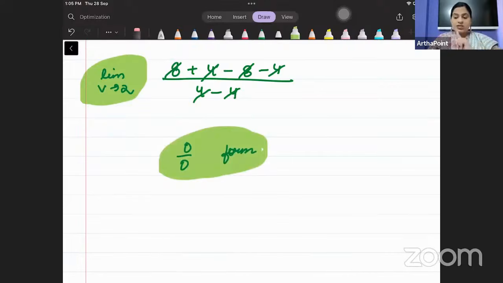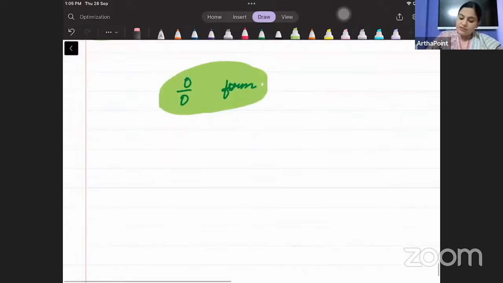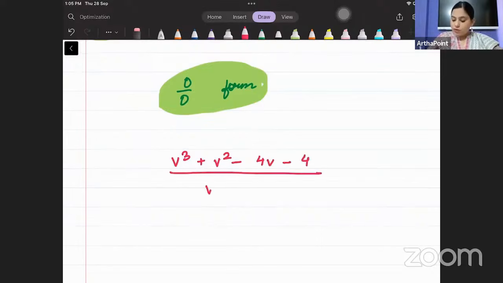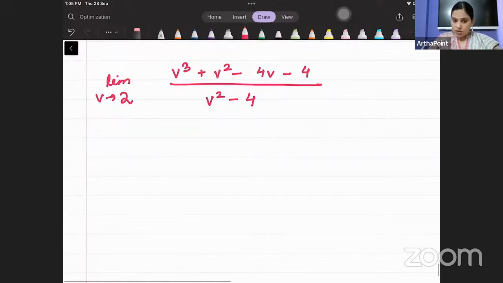Now you have to understand what I say very carefully. Listen to me very carefully. But my function was v cube plus v square minus 4v minus 4 upon v square minus 4, limit v tends to 2. If I try to solve this function a bit, from this if I take v square common, I will get v plus... 4v plus 1.